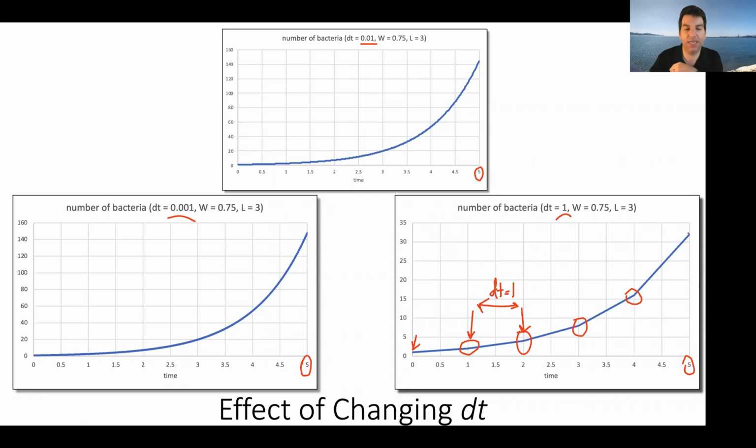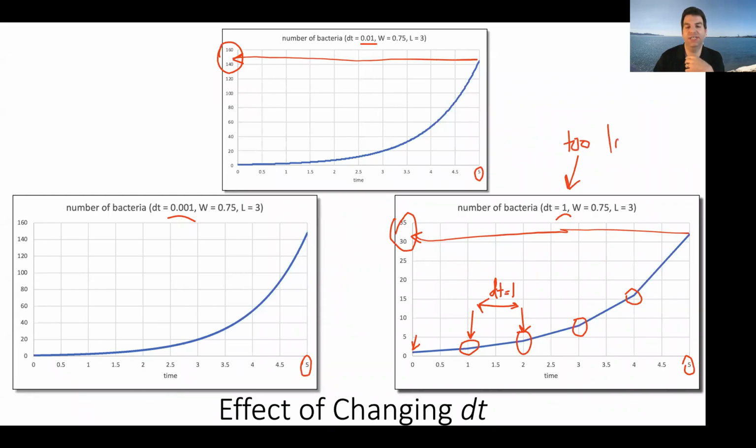And so if I look here, after 5 time units, I get about 30 some bacteria. But if I look up here and my DT equal to 0.01, after 5 time units, I get like 150 bacteria. So this just goes to show by shifting my DT from 1 to 0.01, I get a lot of those missing reproduction events that I just was averaging over in this case here. So clearly this DT is too large.